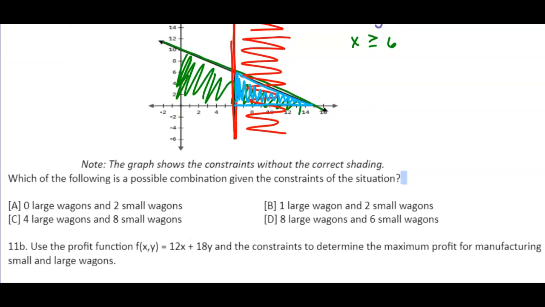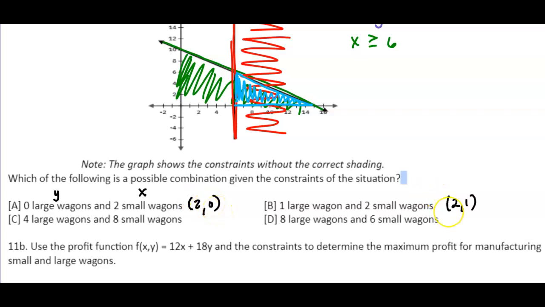Be very, very, very careful here. Notice that they're listing large wagons first and small second. We made large Y and we made small X. So when we write the coordinates to see where we're looking, we need to make sure we write it correctly. So for A, as a coordinate, that would be 2 small and 0 large.